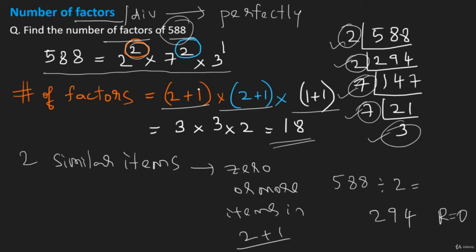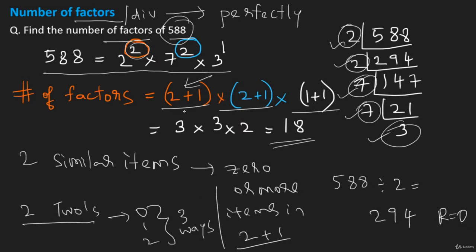You have two 2's because you have 2 to the power 2 over here. You can either take 0 2's, 1 2 or 2 2's when you make a factor. So these are the three ways. That's why we are doing 2 plus 1 over here. Similarly, over here you have only one 3, so either you can take 0 3's or 1 3. These are the two ways. That's why you have 1 plus 1 over here, which is your 2.